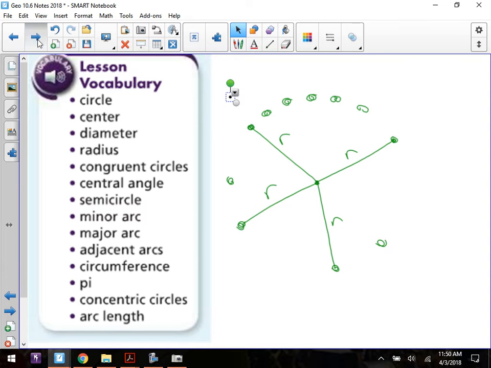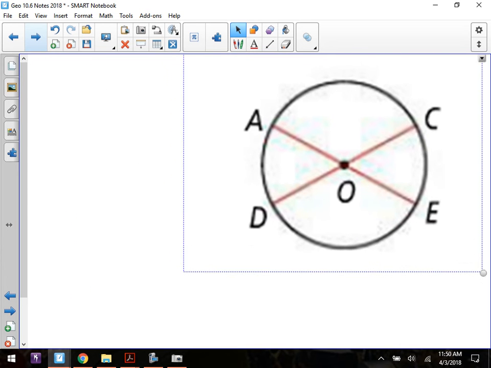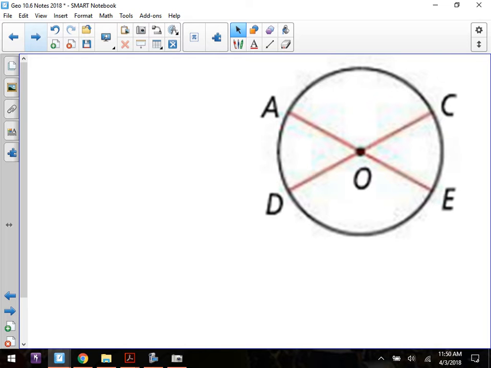Okay? For example, what I'd like you to do is draw a circle real fast. We're going to call this circle O. I don't know why. Let's call it Q. I don't like having O. Draw a circle.